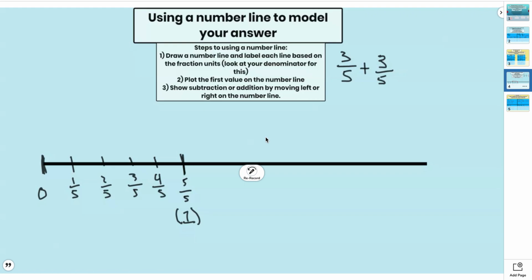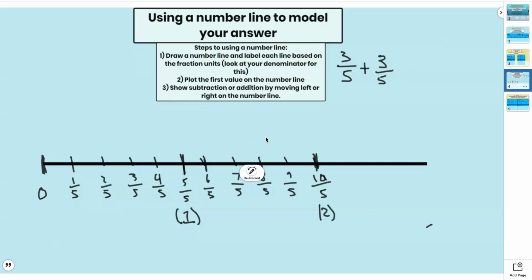And then we got 6/5, 7/5, 8/5, 9/5, 10/5. I just decided to go that far just so I make sure that I have enough. But remember, every 5/5 is going to be 1 whole, so 10/5 is actually going to be 2.